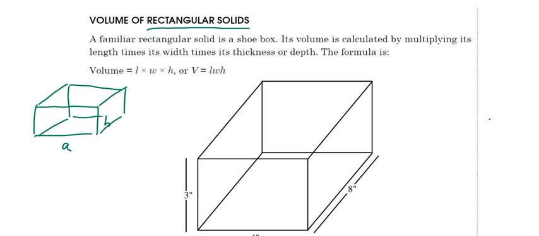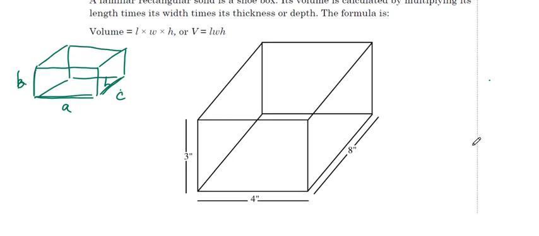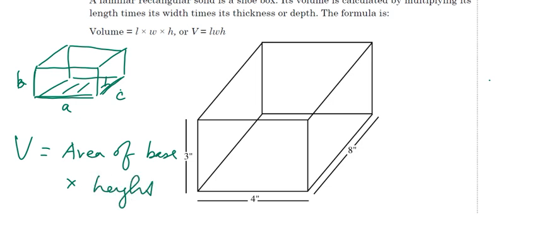This side is A, this side is B, then we need this other side, which is C. So the volume is just A times B times C. In general, volume equals the area of the base multiplied by the height.